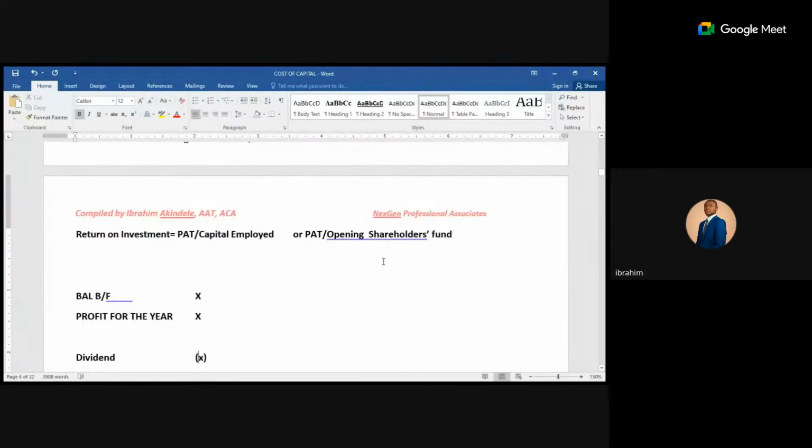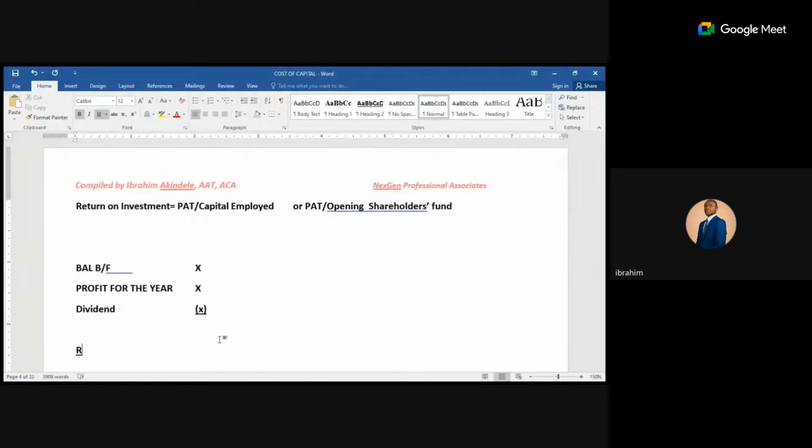Class, you have your retained earning. Let's say you have your retained earning. When you remove your dividend from the profits for the year, you have your retained earning.